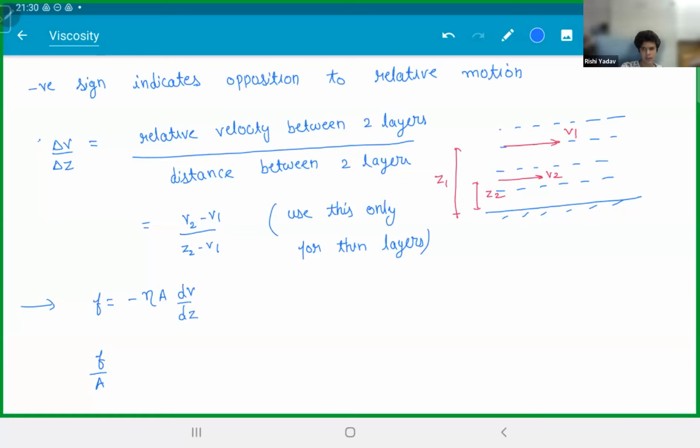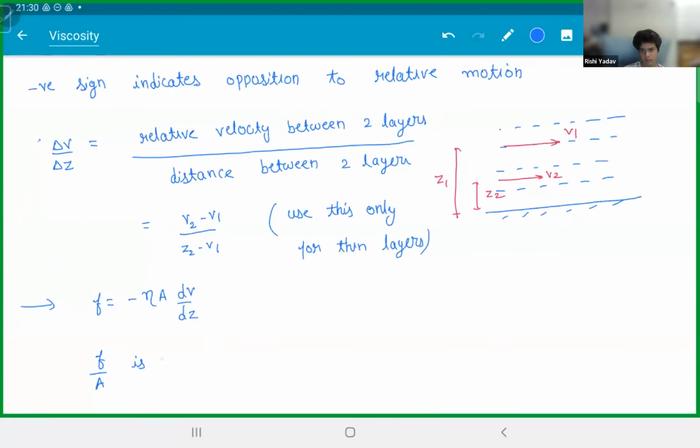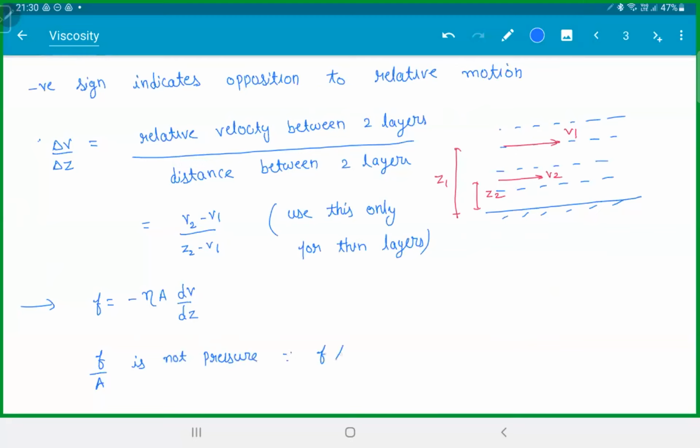Pressure is always perpendicular. The definition of pressure was force perpendicular to surface area. This force is parallel to the area. So this is not pressure. F by A is not pressure, since F is parallel to area. Clear?